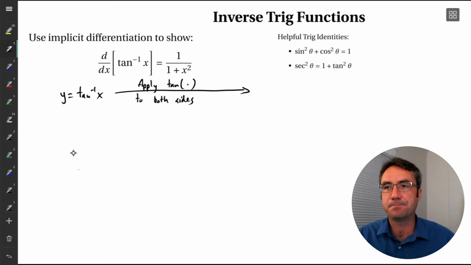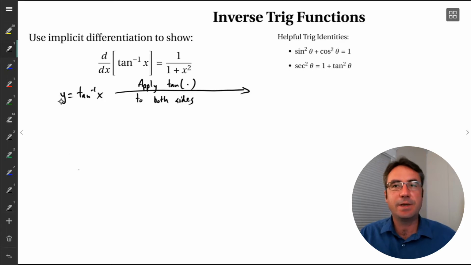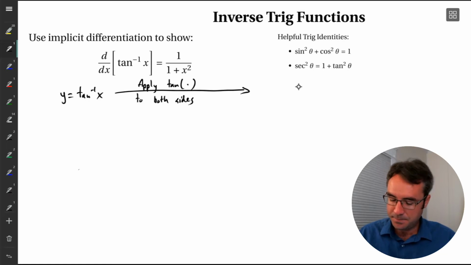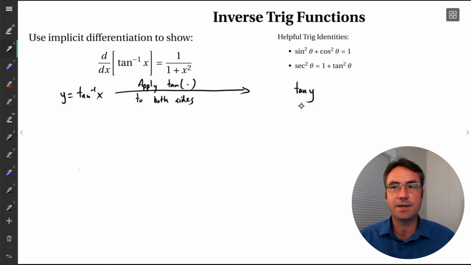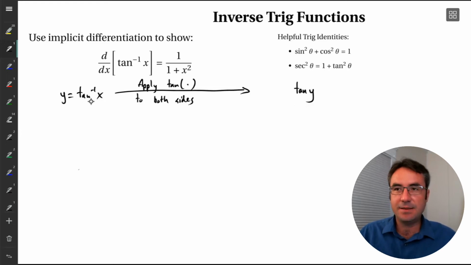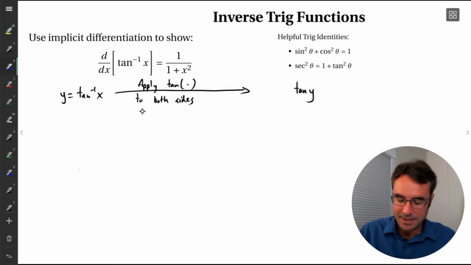All right, so let's see what we get. We have this equation here, y is equal to inverse tan of x. We're going to apply the tan function to both sides. So we're going to get tangent of y on one side, and on the other side, we're going to have tangent of the inverse tangent of x.